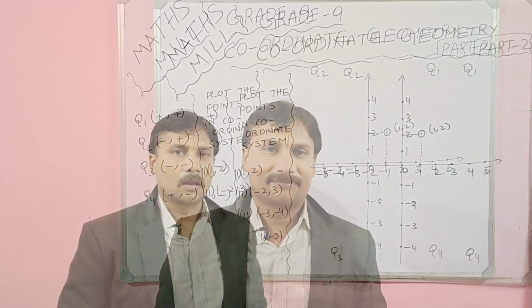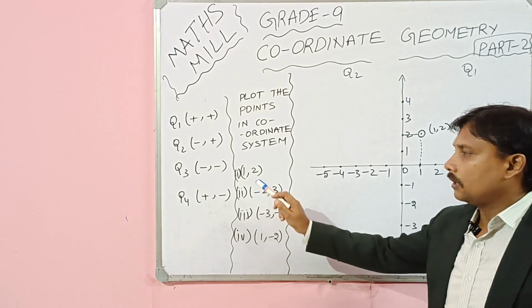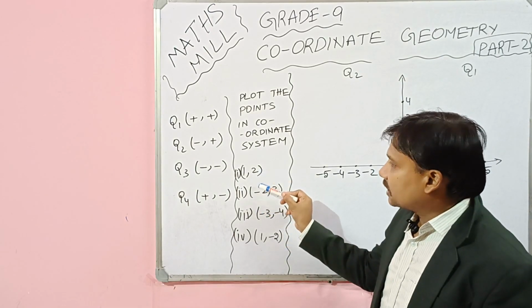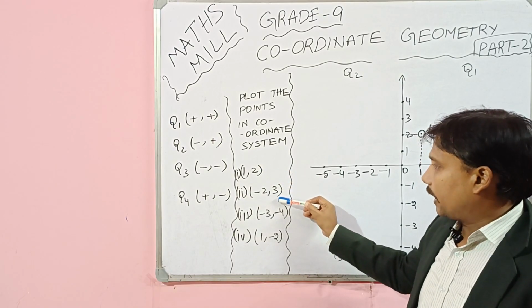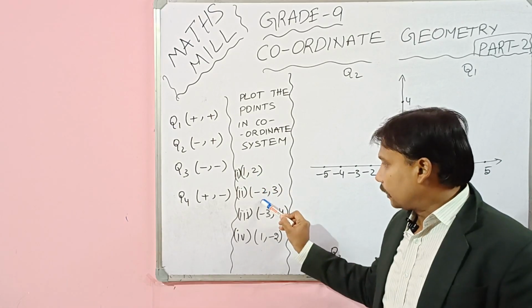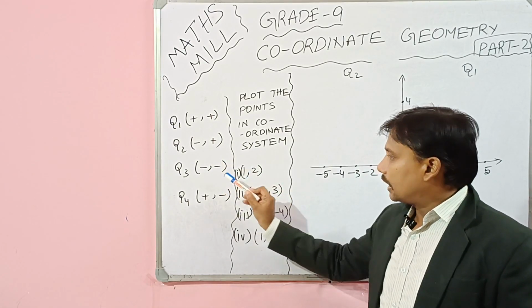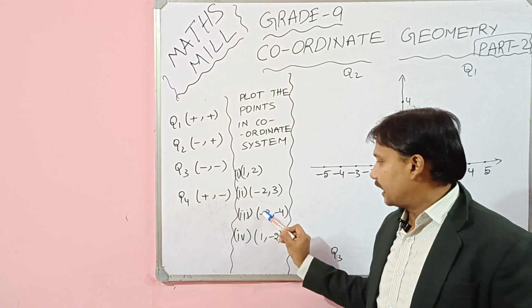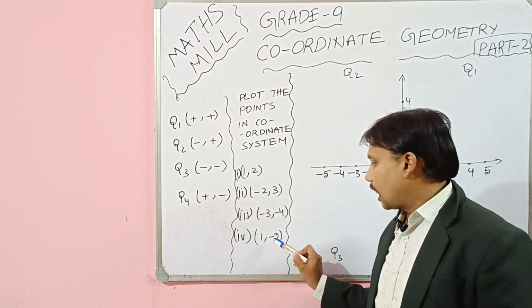In the next examples, I have chosen one from each quadrant. First quadrant: both are plus, 1 comma 2. Second quadrant: minus plus, minus 2 comma 3. Third quadrant: both are minus, minus 3 comma minus 4. Fourth quadrant: plus minus, 1 comma minus 2.